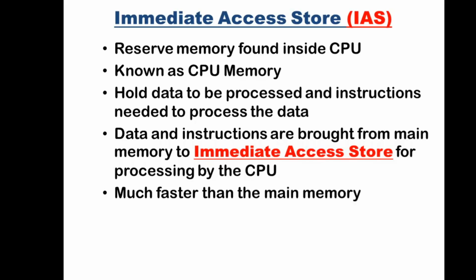This CPU memory means IAS holds data to be processed and instructions which are needed to process the data inside it, and this data and instructions are brought into the IAS from the main memory for processing by the CPU.